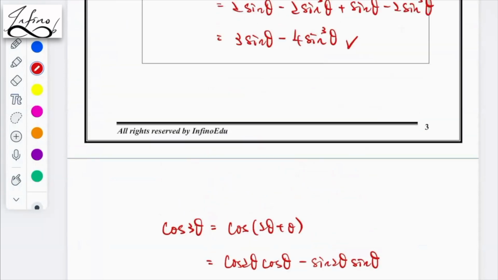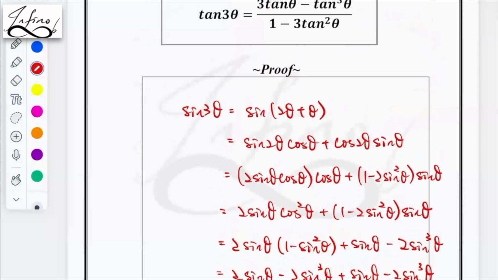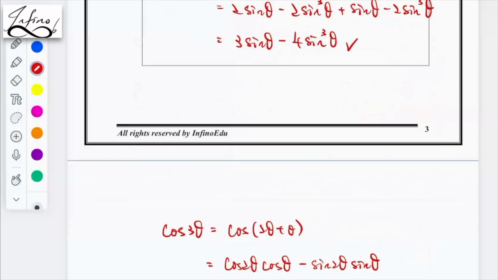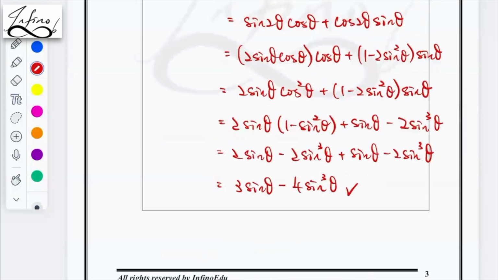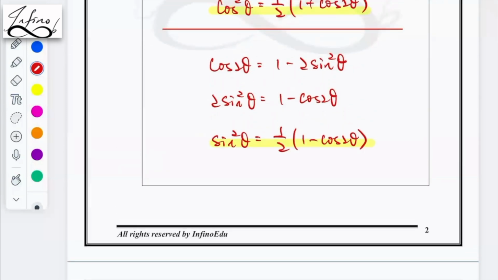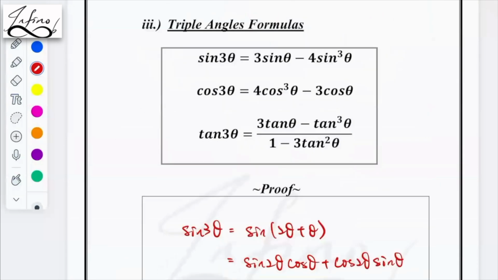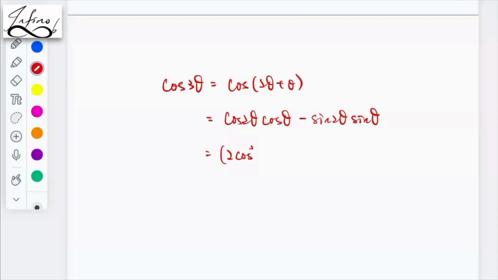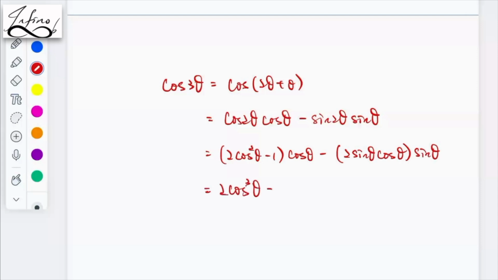If you look at the right-hand side, I only want cosine, so I use the previous variation, 2 cosine square theta minus 1, times cosine theta, minus 2 sine theta cosine theta times sine theta.